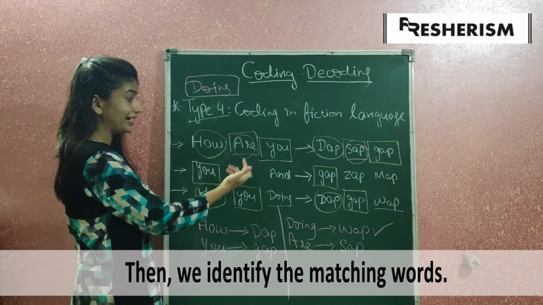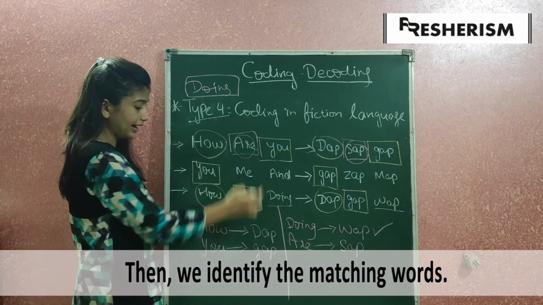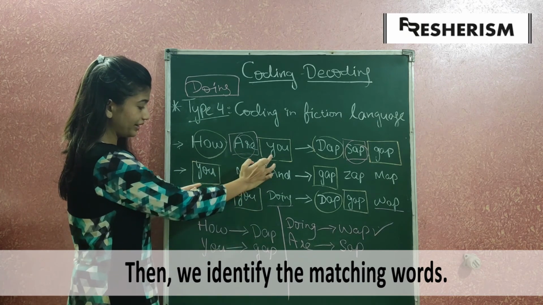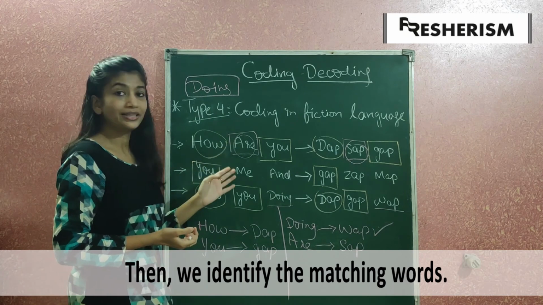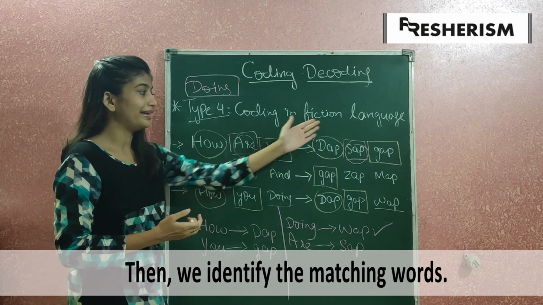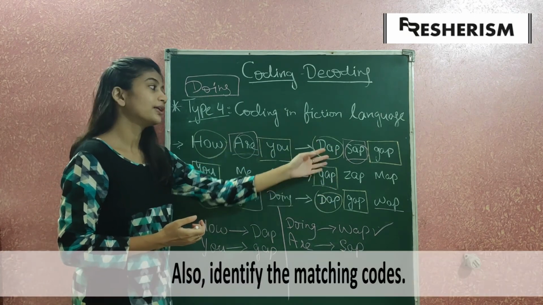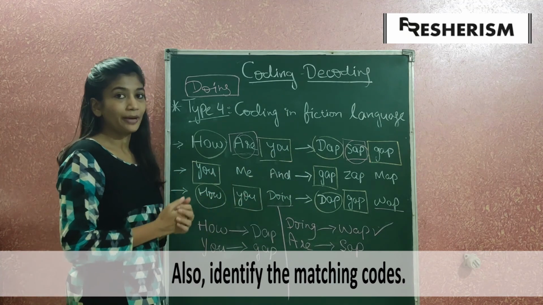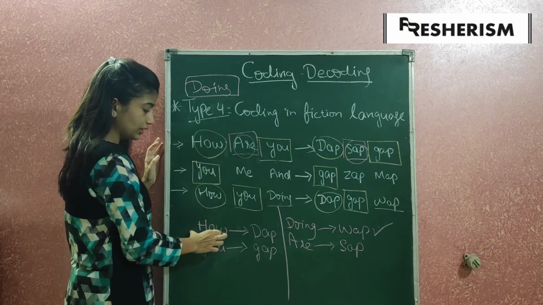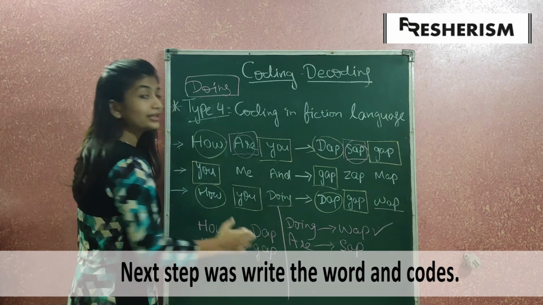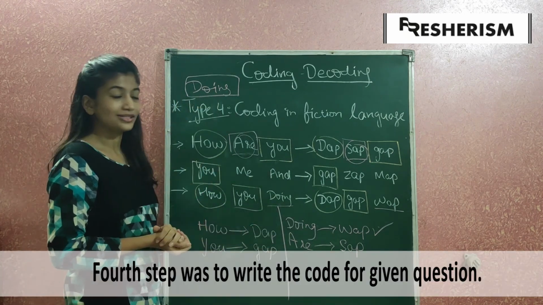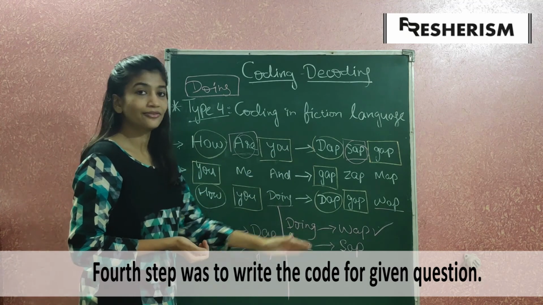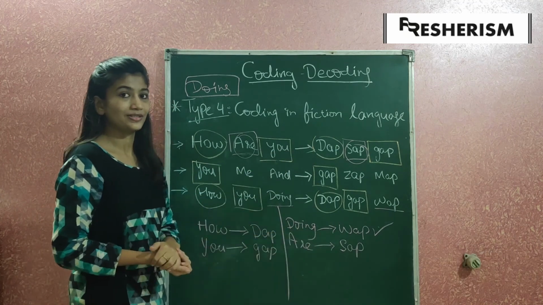Here we identified you and how. So second step is identify the matching word and then identify their matching codes. Third step was to write down the word and the code. Fourth step was find the code for the given question, just the way we did for this question.